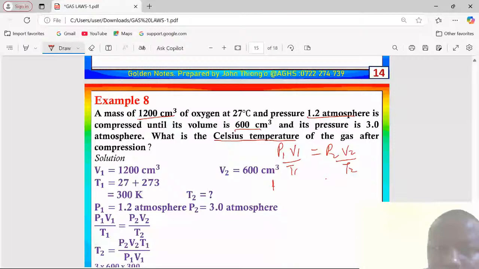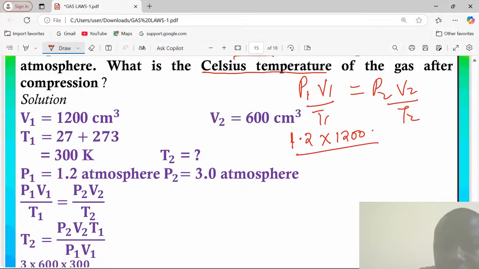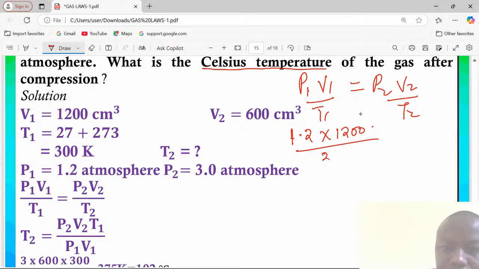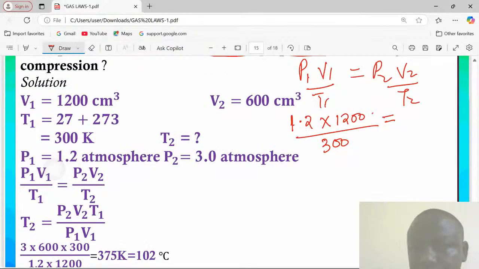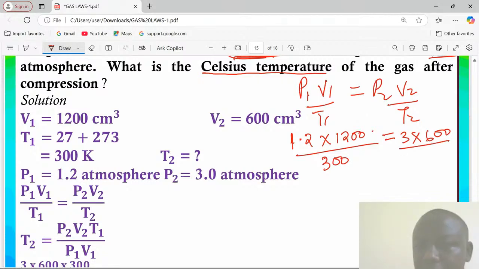So the first temperature is 27 degrees Celsius; we need to add 273. This is 300. So temperature 1 is 300. This is equal to pressure 2, which is 3 atmospheres, multiplied by volume 2, which is now compressed to 600, out of the unknown temperature 2.